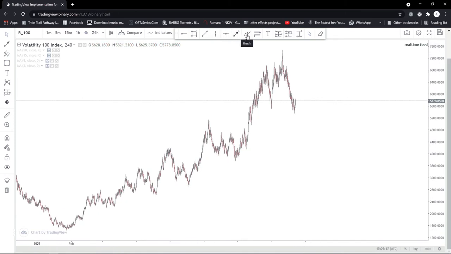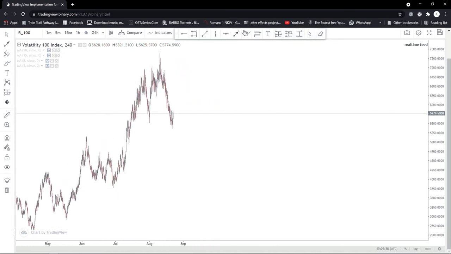Now we add our 4-hour time frame, and then the confluence of the 4-hour time frame, it's the 1-hour time frame.